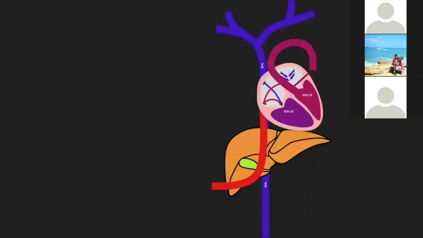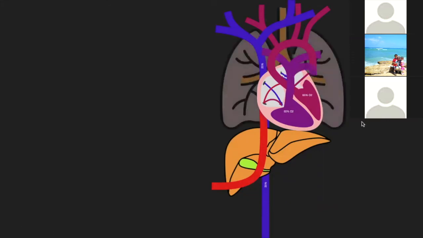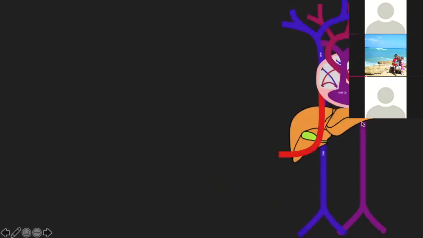So this is the highest concentration of oxygen ever within the baby, and it goes straight to the heart and to the brain. The rest of the body, including lungs and everything else, gets the less oxygenated blood that's coming from the right ventricle and what's left of the left ventricle.